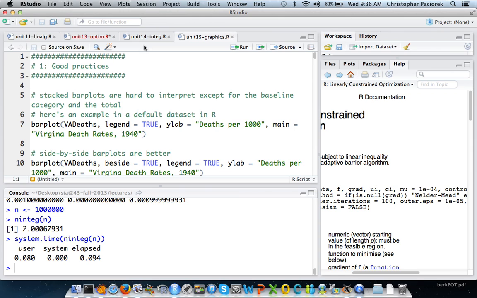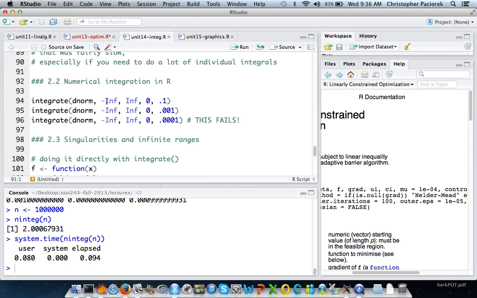So just to give an example of doing this in R, and that you do want to keep your wits about you and make sure that the answer you get makes some sense. What integrate is going to ask for is that you give it a function, and that function has to be a vectorized function that will take as its first argument a vector and be able to spit back a vector of the function evaluated at the points in the input vector.